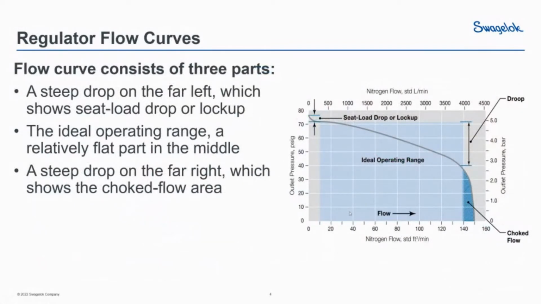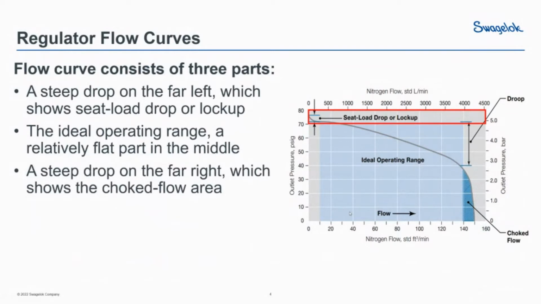So looking at regulator flow curves, we see an example of a regulator flow curve on the right. This shows the outlet pressure of a regulator at a particular setting as the flow demand changes. There are three distinct sections to this that we want to talk about. The first, highlighted up top, is a bit of a steep drop on the far left. This is known as the lockup region.